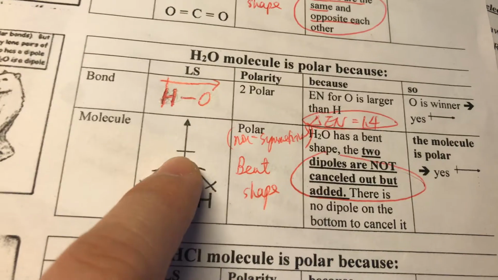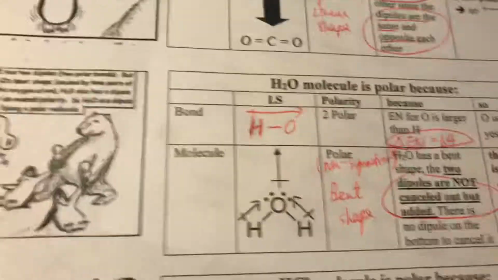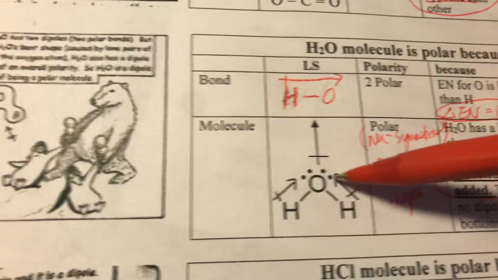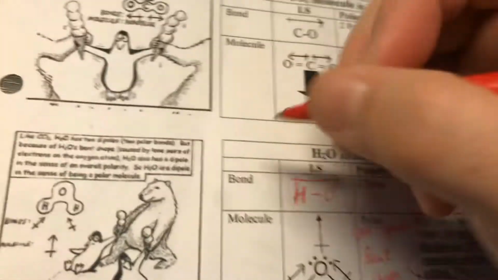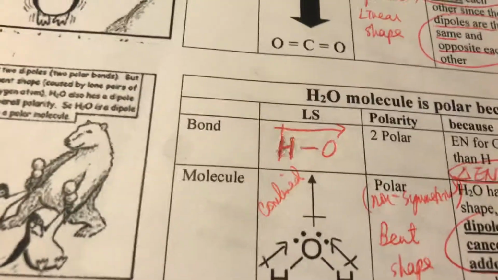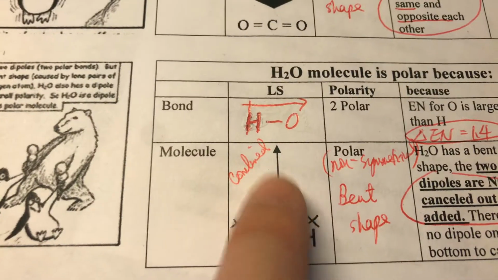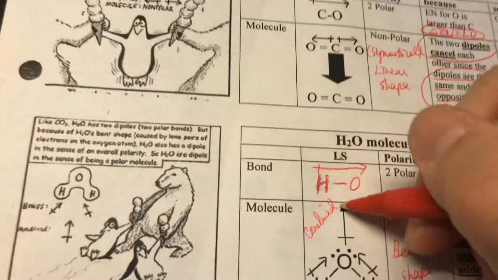They do not cancel, but they add, or combine. What is the result? It's a combined dipole, like a vector. These two go to the top, and this is the final dipole.